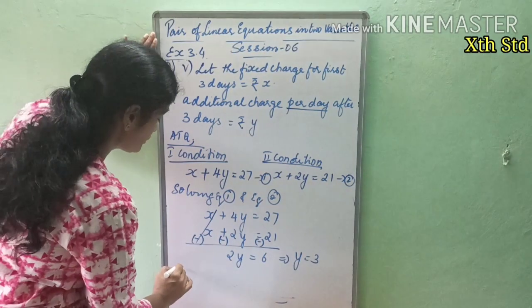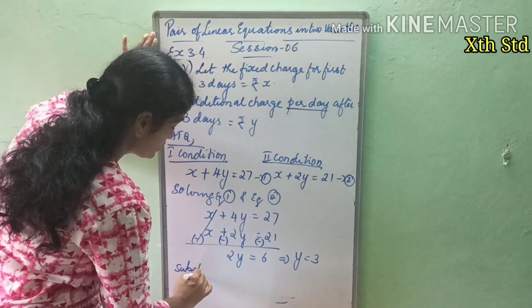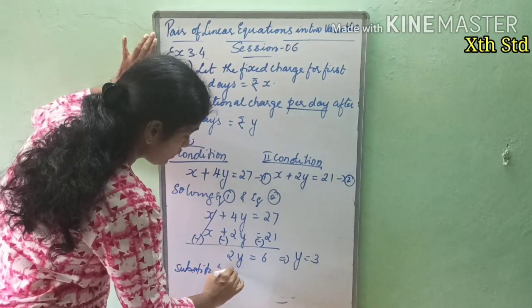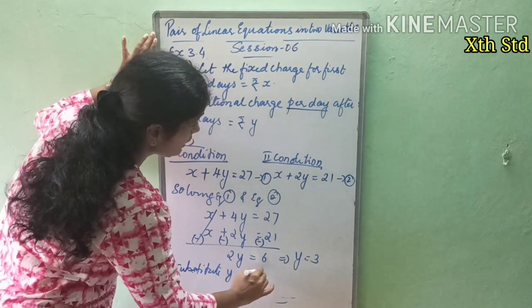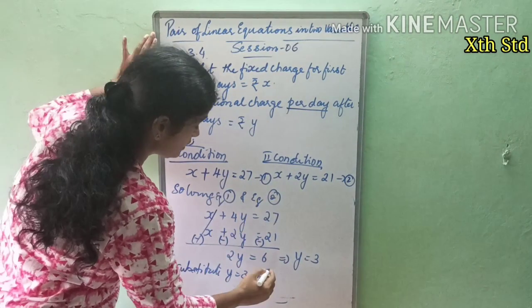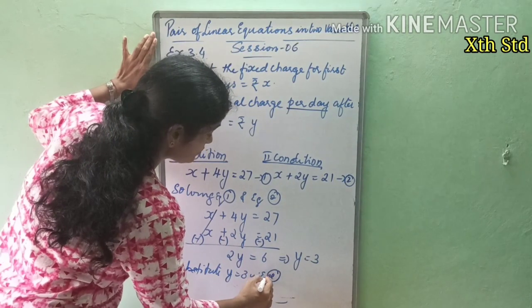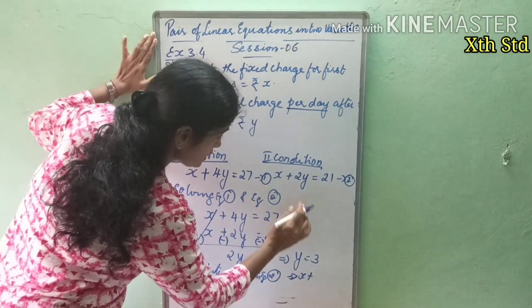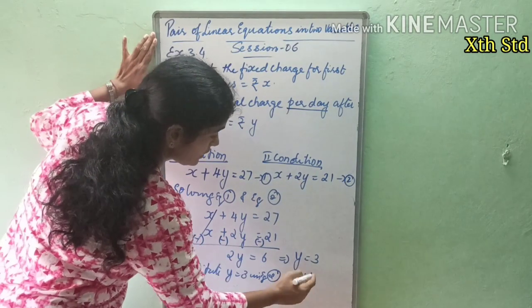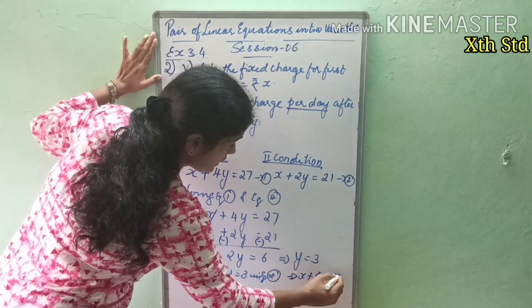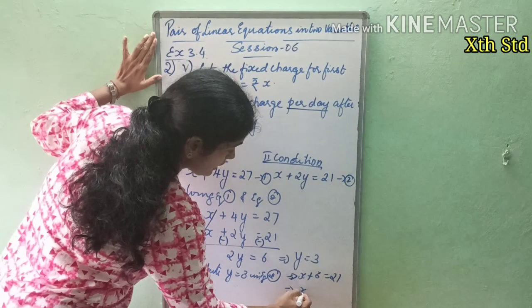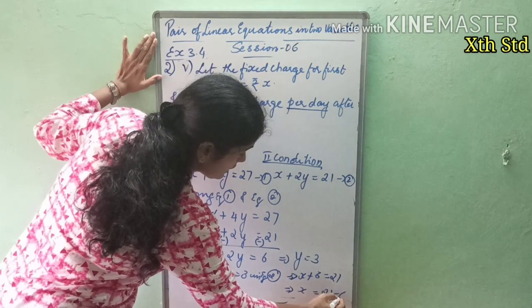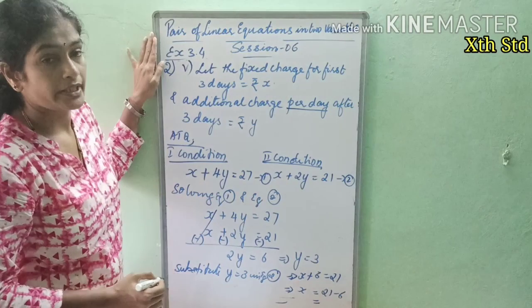Now we will have to find out x value. So substitute y equal to 3 in any one of the equations. Suppose in equation 2. So what we get? x plus 2 into y, y is 3, that is 6, is equal to 21. So x is equal to 21 minus 6, right? It is 15.